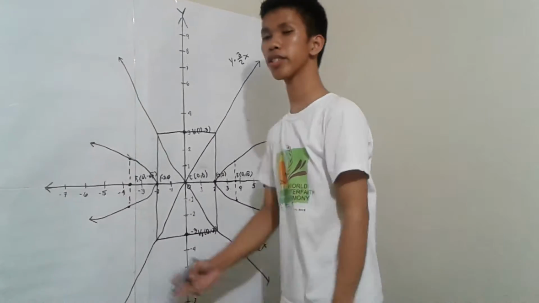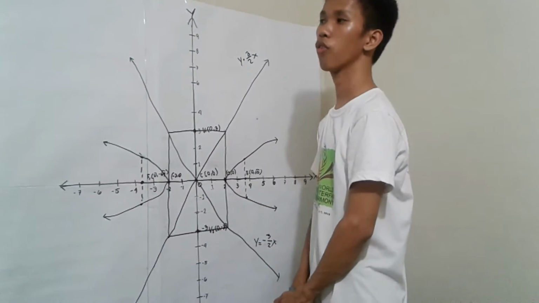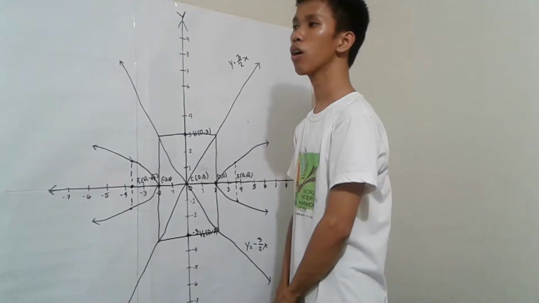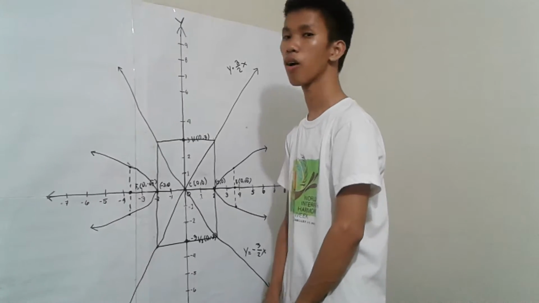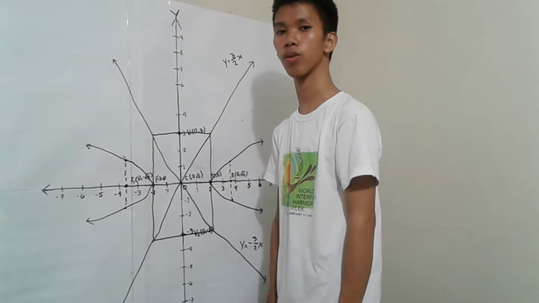This is the graph of the hyperbola whose equation is 4y squared minus 9x squared minus 36 is equal to 0.